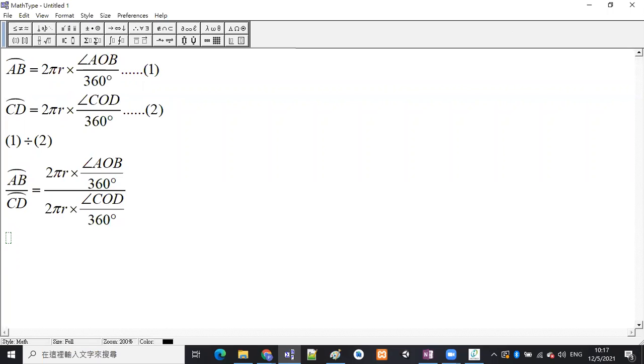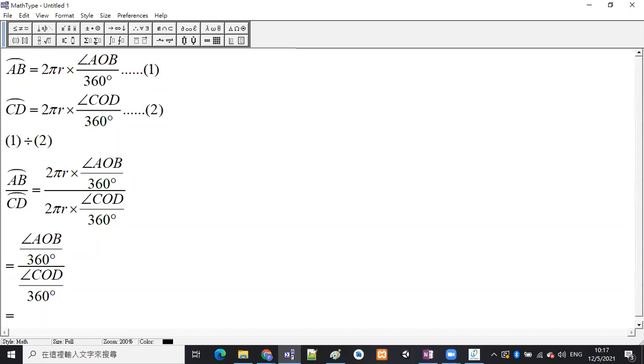Then on the right hand side we can cancel out the common factors, 2 pi r. What is remaining on the top is angle AOB over 360 degrees, and on the bottom is angle COD over 360 degrees.